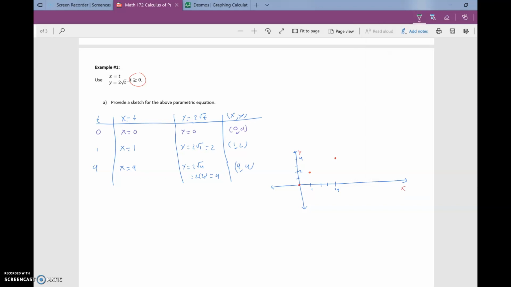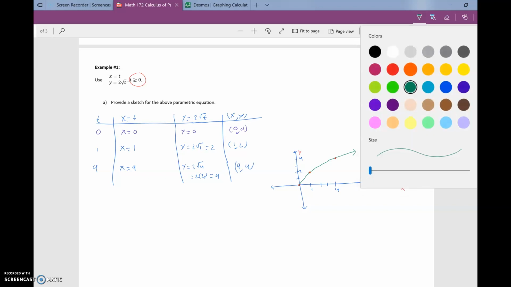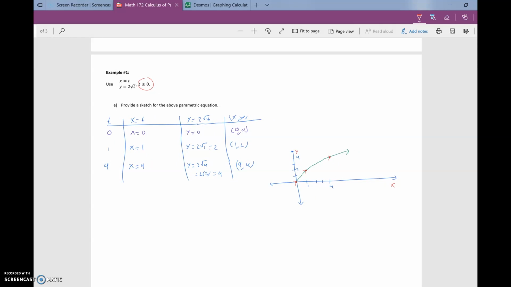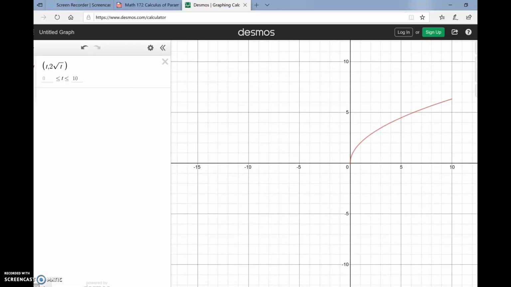Okay, so our parametric equation is going in this direction. Let me put the arrows, since it starts at 0, that's the minimum value, and then it keeps going on in that direction. Let me show you the exact function.